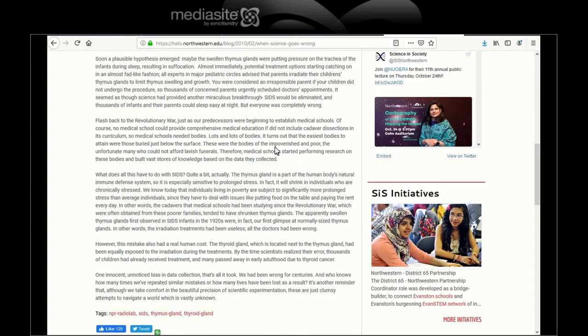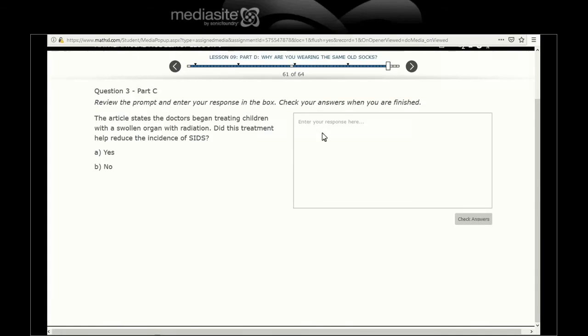The swollen thymus glands were in fact our first glimpse of normal-sized thymus glands. In other words, the radiation treatment was useless. All the doctors had been wrong. The thyroid next to the thymus was also exposed, and a lot of them died as adults with thyroid cancer. Wow. No.